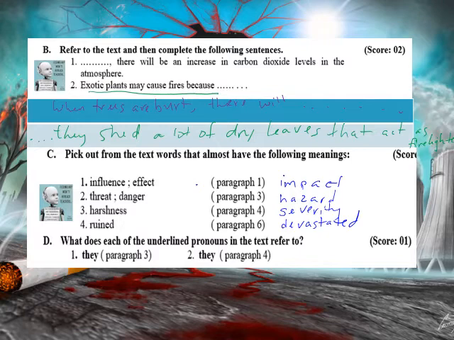Okay. Next question. You must tell me which refers to which. And this is the way you must write it. They refers to. This is how you write it. Okay? So whatever it refers to, you must write out they refers to and then write the answer. Yes, Ala. Exotic plants. Exotic plants is correct.